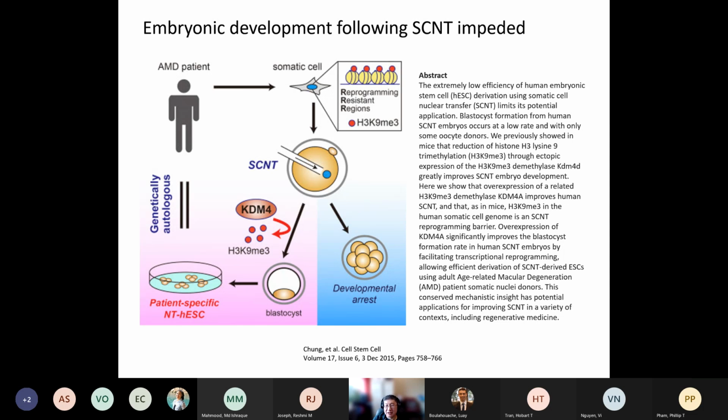Both the mature oocyte and sperm still have some epigenetic marks, but during that process those marks are erased and later rearranged. But the rearrangement is not random. It's always the same: some genes get methylated, some are not methylated. At the very beginning, generally speaking, most of the genes are open.